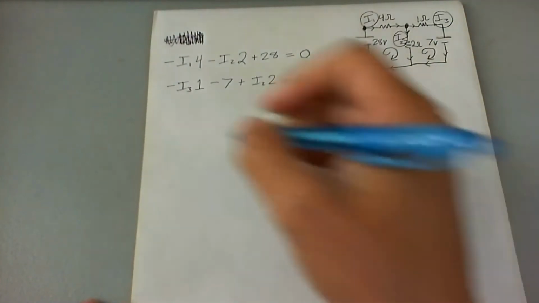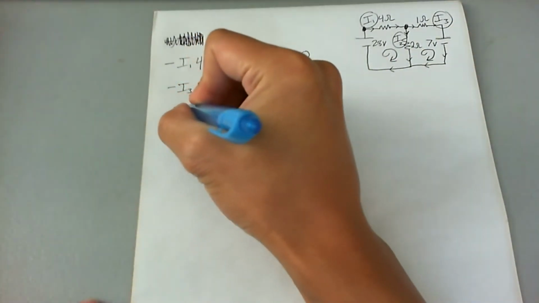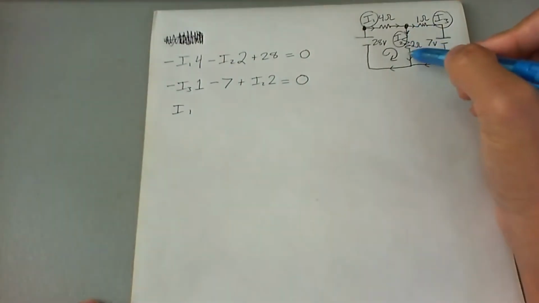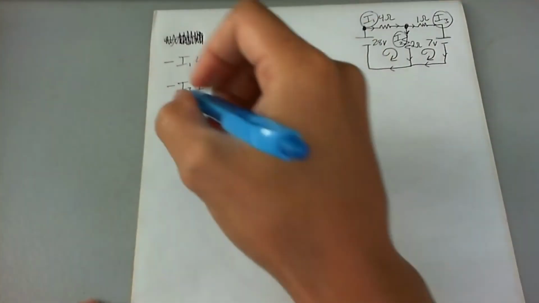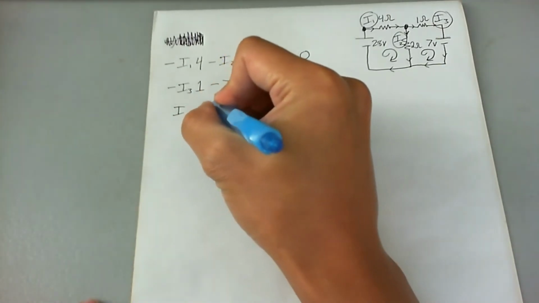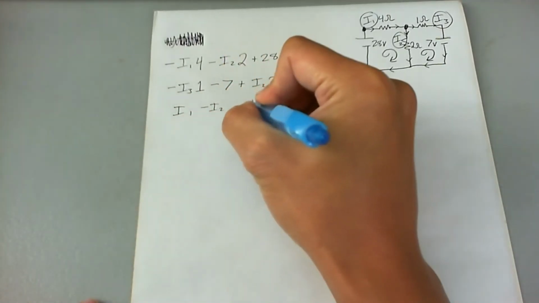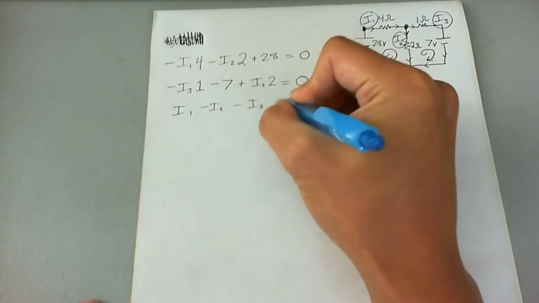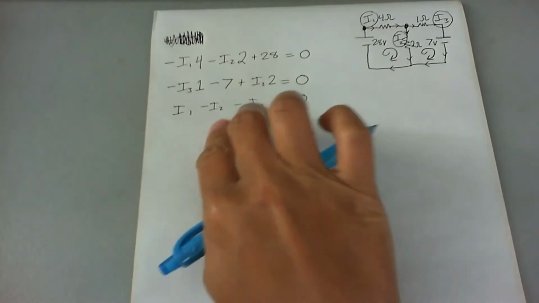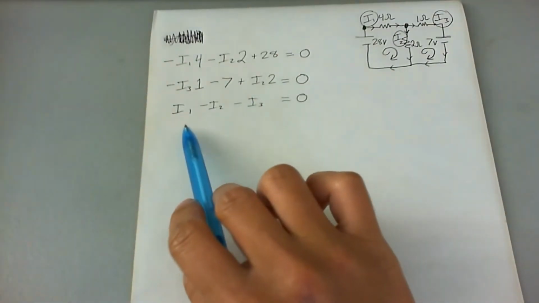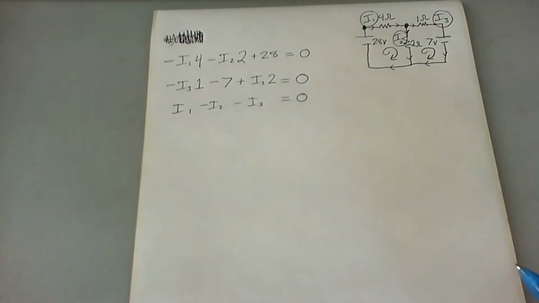Ergo, I1 is equal to I2 plus I3. So in other words, you could say I1 minus I2 minus I3 is equal to 0. Because if you put these two on the other side, it's the same as saying I1 is equal to I2 plus I3. So there we have it. We have three unique equations and three variables.